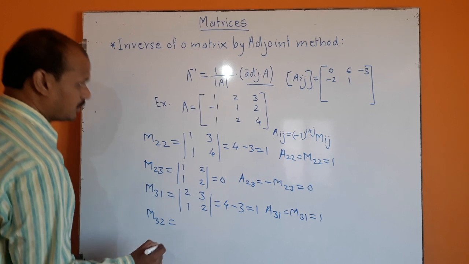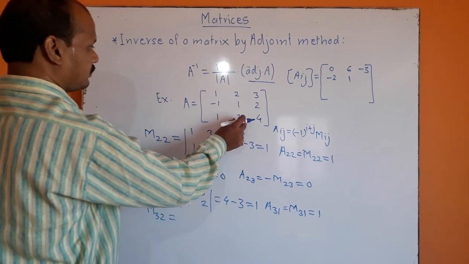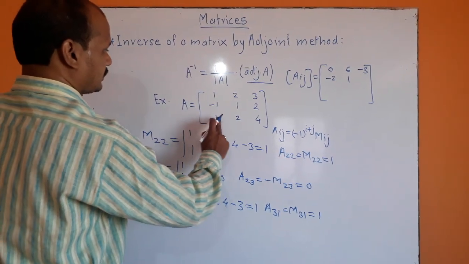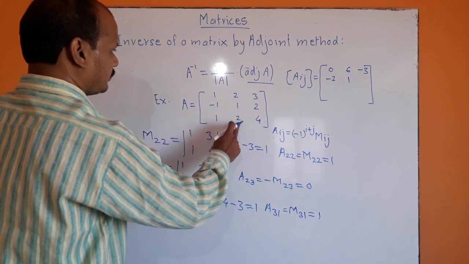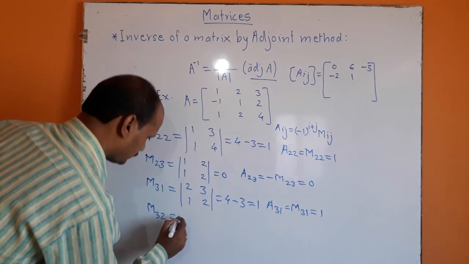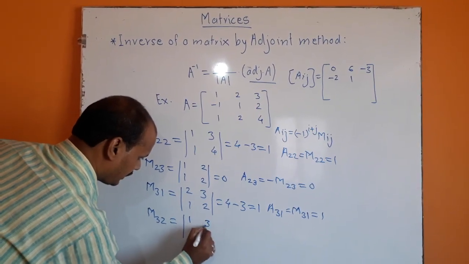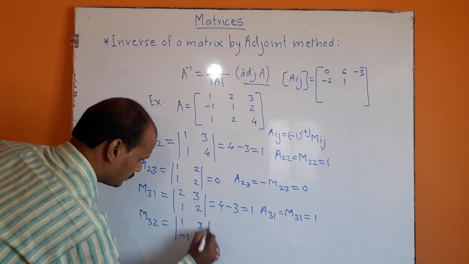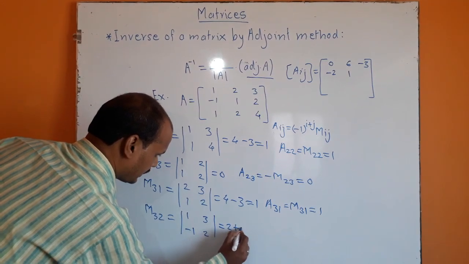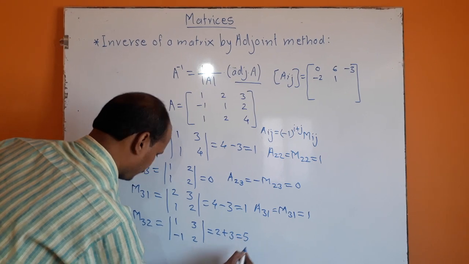M32, the minor of 2, deleting the third row and second column: determinant [1 3; minus 1 2], which is 2 plus 3, equal to 5.